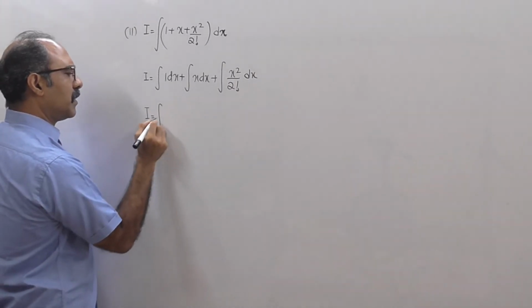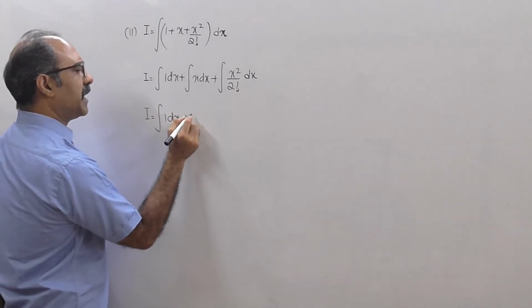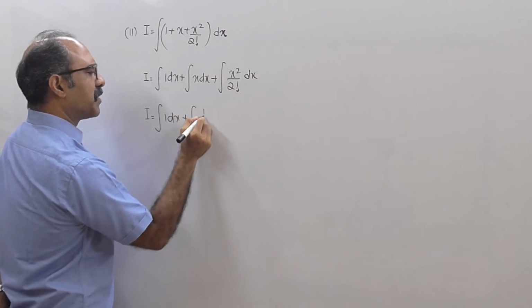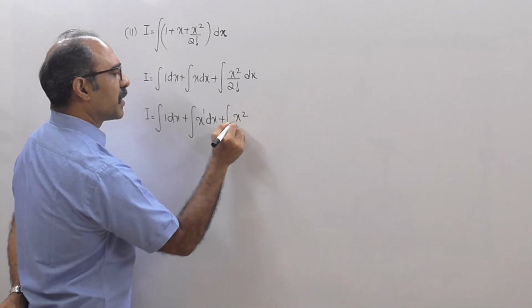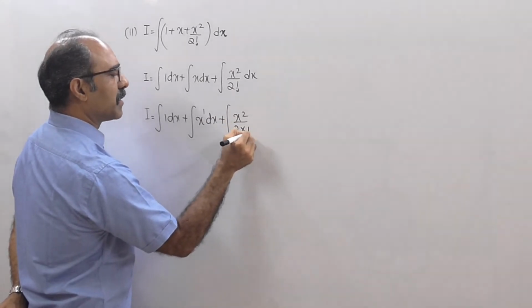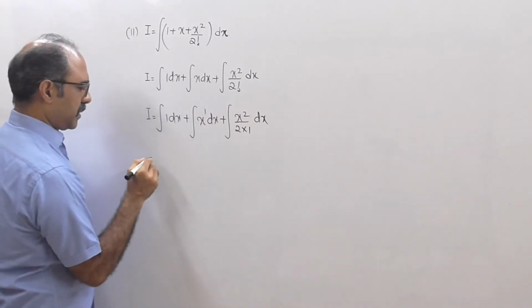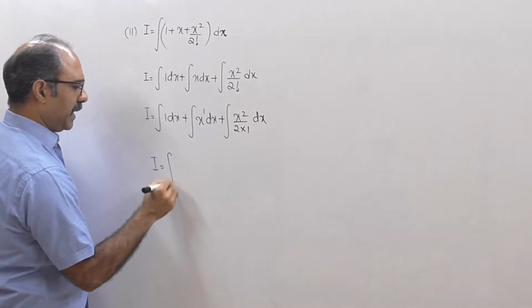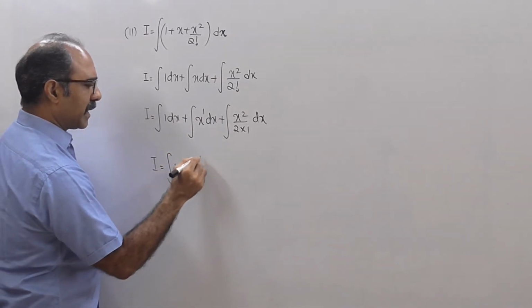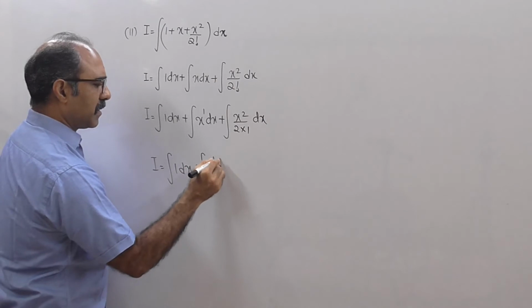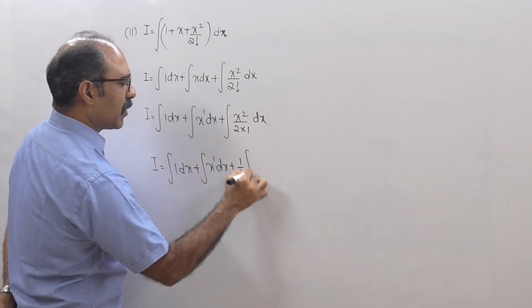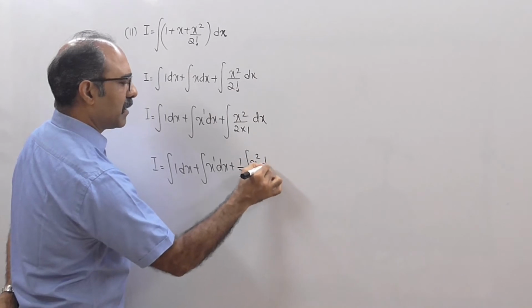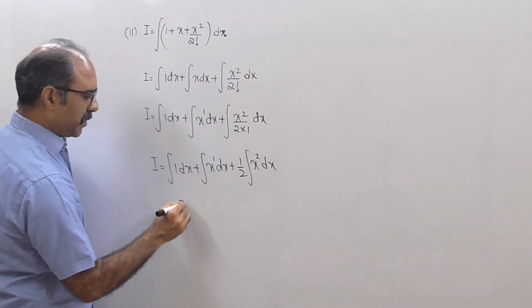This is integration of 1 dx, this is integration of x, meaning x raised to 1, and this is integration of x square upon 2 factorial, which is 2 into 1, dx. I think 2 into 1 is 2, so you can take half outside, x square dx. Integration of 1 is x.